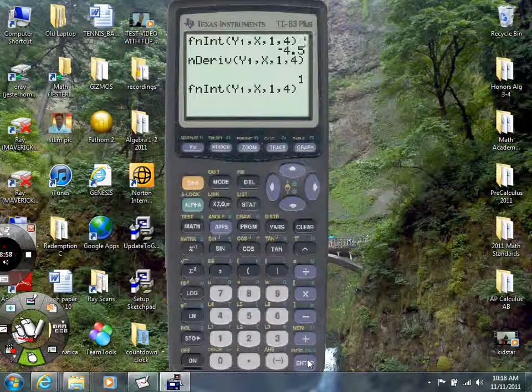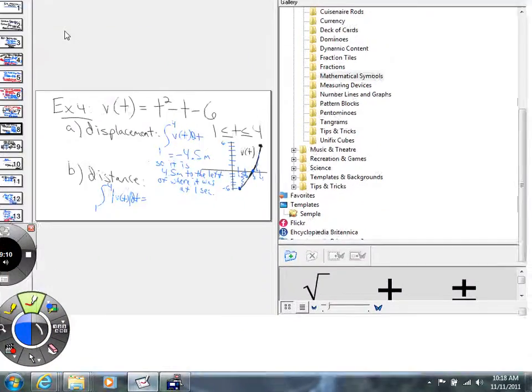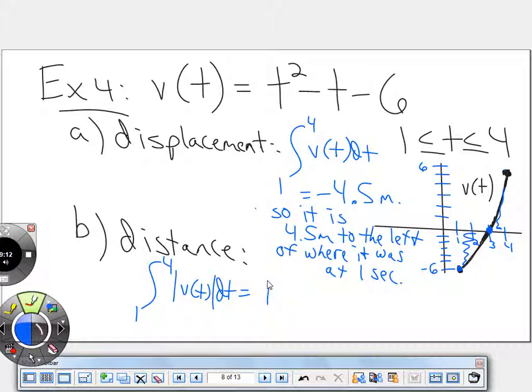It's thinking slow. Okay, so I got 10.167. So we're going to say that would be 10.167 meters. It's approximate whenever we round it off a little bit. And that means obviously that's the total distance traveled from 1 to 4.